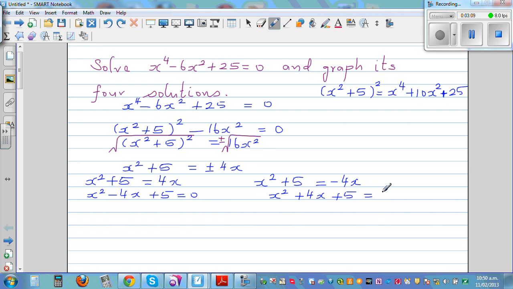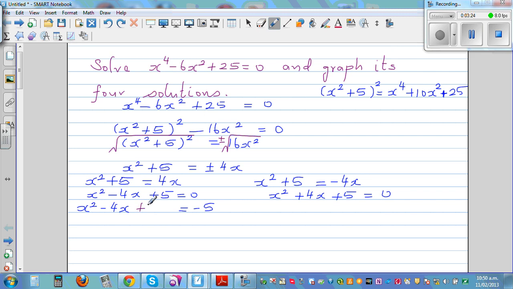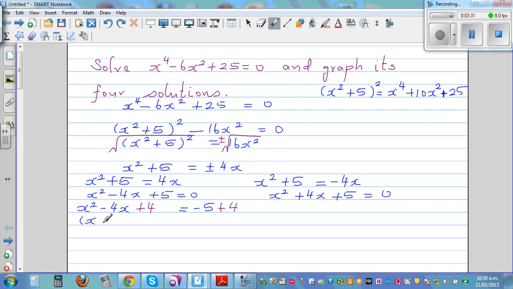Now this is a quadratic equation. I'm going to solve this using the completing the square method. So this is x squared minus 4x is equal to negative 5. To make it a complete square, I should add 4 here, so I also add 4 to this side. So this becomes x minus 2 the whole squared is equal to negative 1. And negative 1, I hope you know, is i squared, because i is defined as the square root of negative 1.